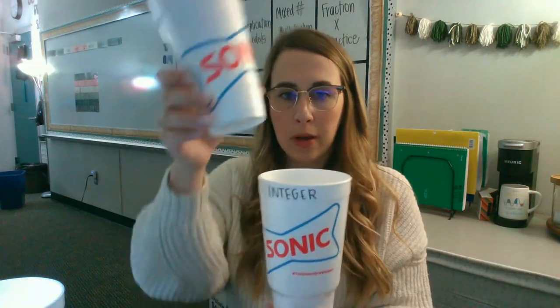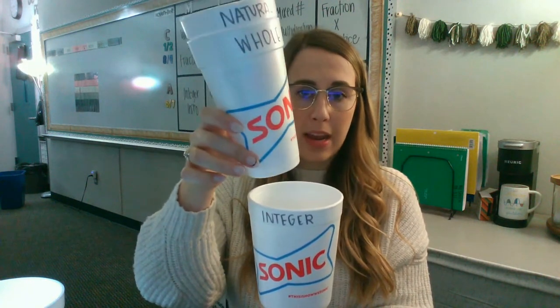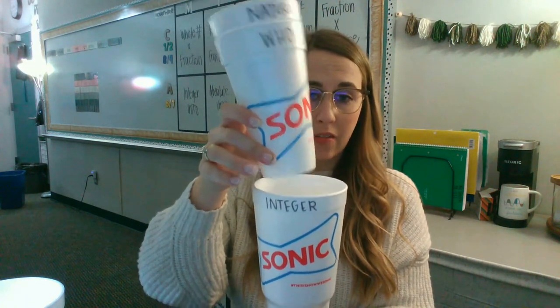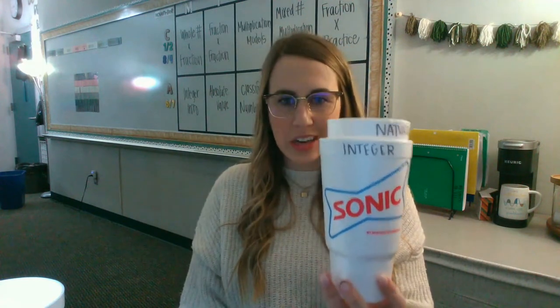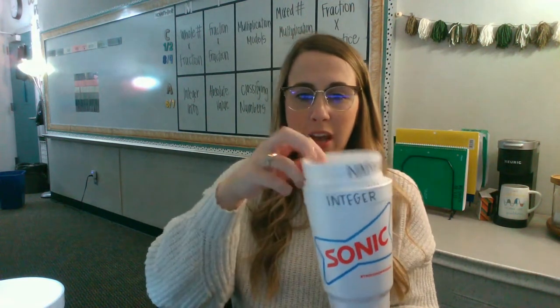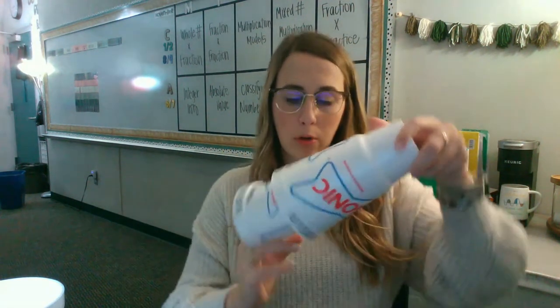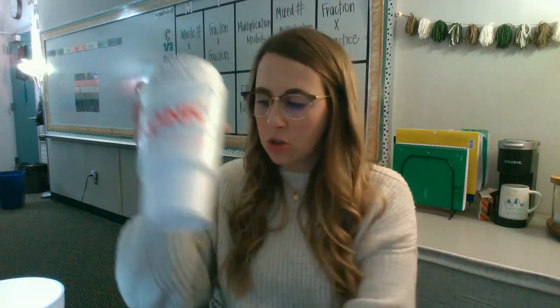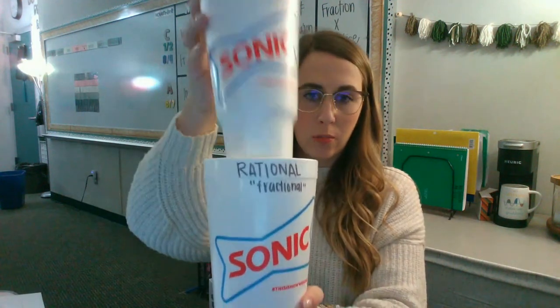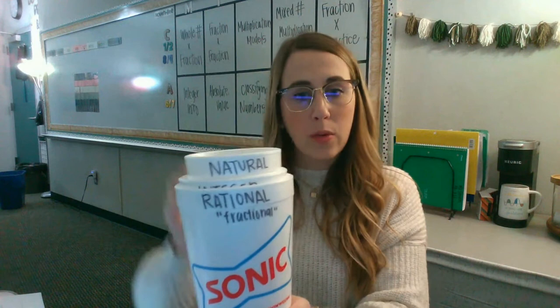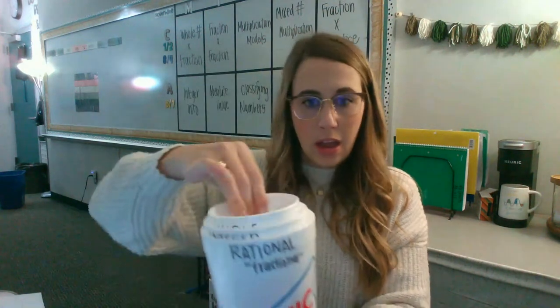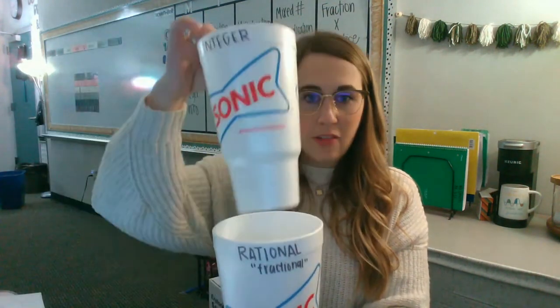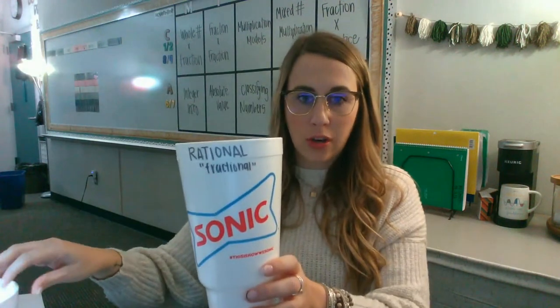So when I put my whole numbers and my natural numbers inside of the cup, they all fit inside of our integer cup, which means every natural and every whole number is also considered to be an integer. And then when I put my integer cup inside of my rational numbers, they also all fit in there, which means every natural, every whole, and every integer is also a rational number.